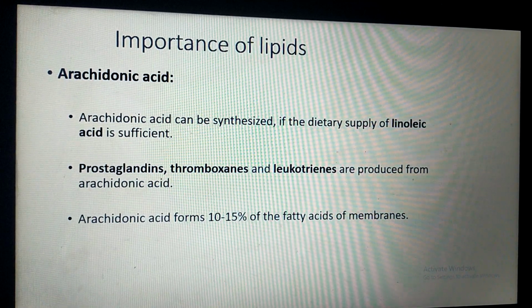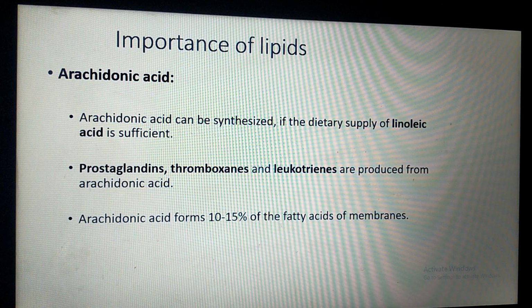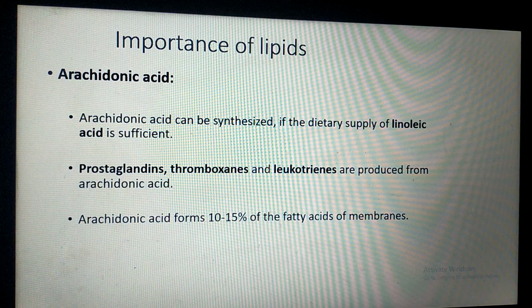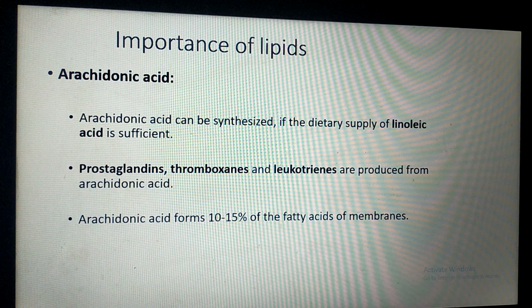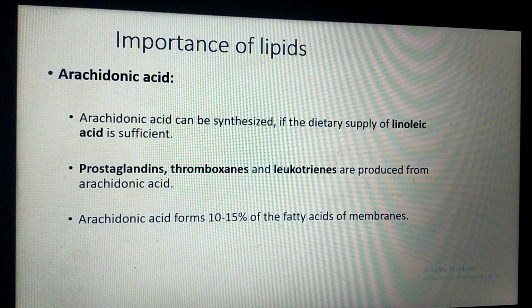Arachidonic acid can be synthesized if the dietary supply of linolenic acid is sufficient. Now, prostaglandin, thromboxane and leukotrienes, which are very important chemicals in the body, are synthesized from arachidonic acid. Arachidonic acid forms 10 to 15% of the fatty acid present in the cell membrane.